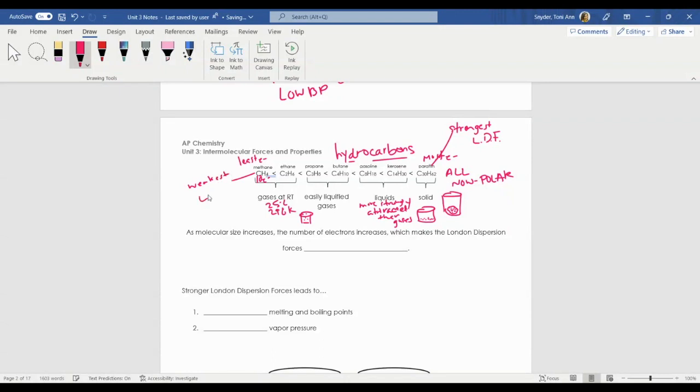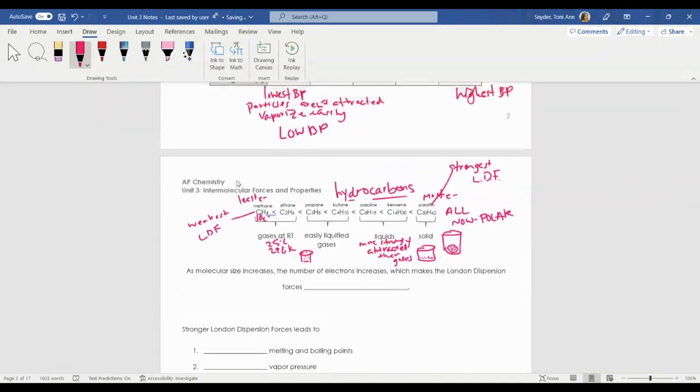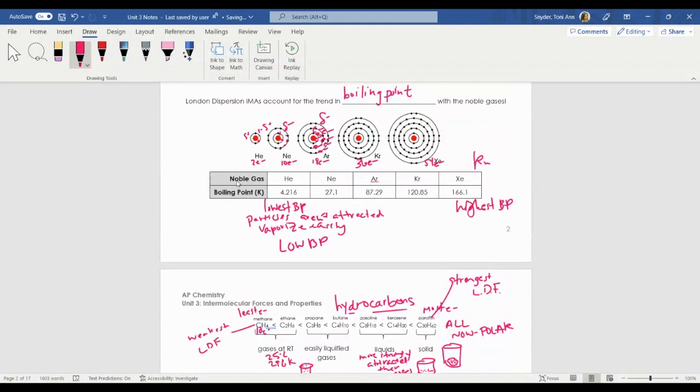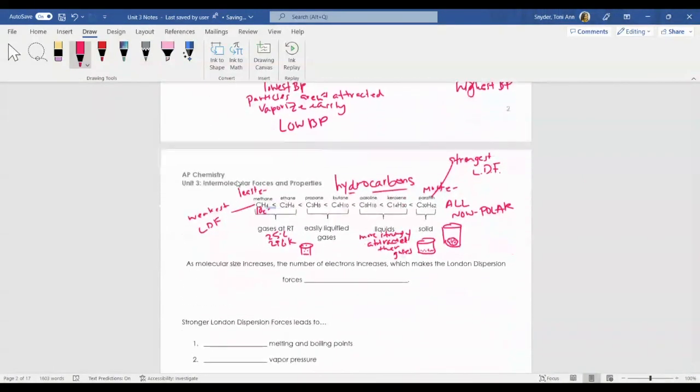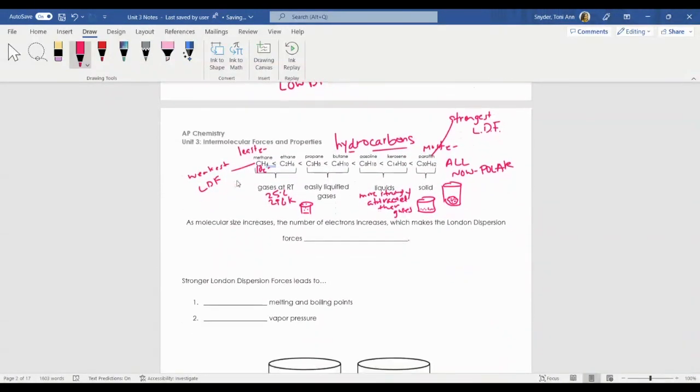London dispersion forces. And we can use this trend with just about anything, as long as we're talking about similar atoms or molecules. So in this example, we looked at the noble gases. For this one here, we looked at some hydrocarbons. As long as we're comparing similar atoms or molecules, this is a great trend.